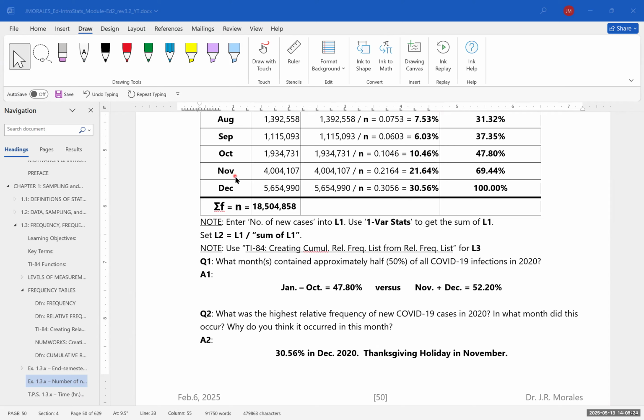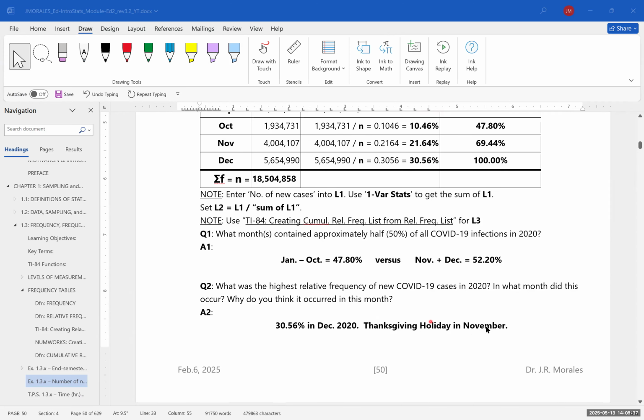COVID-19 has an incubation period of 2 to 3 weeks, which now puts you in December. And then a bunch of people are coming down with symptoms of it here in December. So I think it was the Thanksgiving holiday that helped with that increase in the number of new cases.